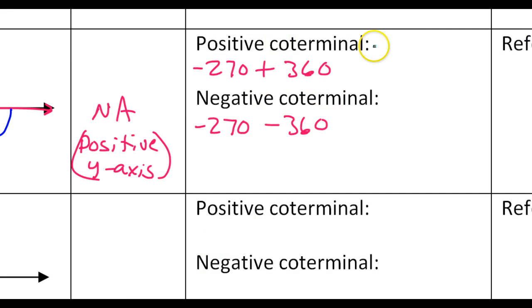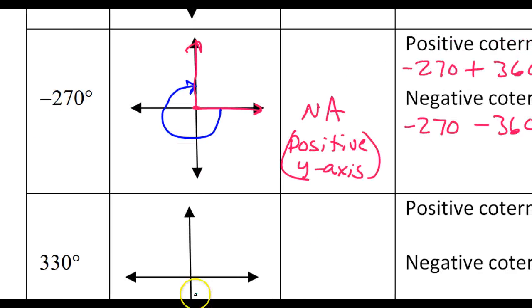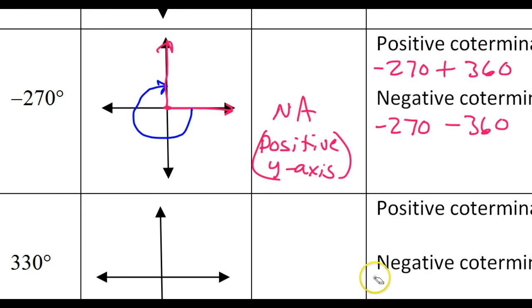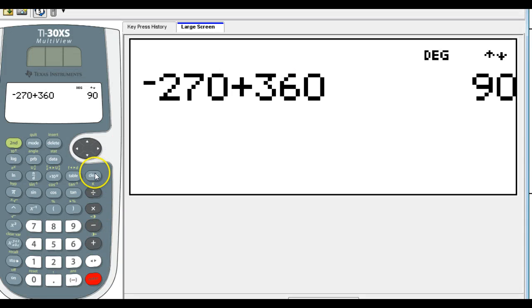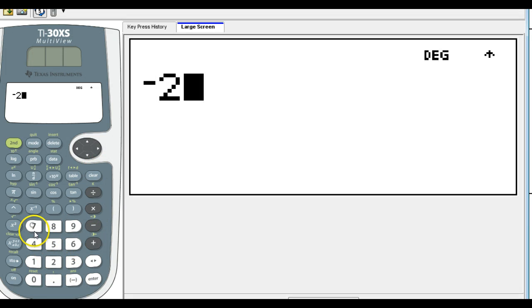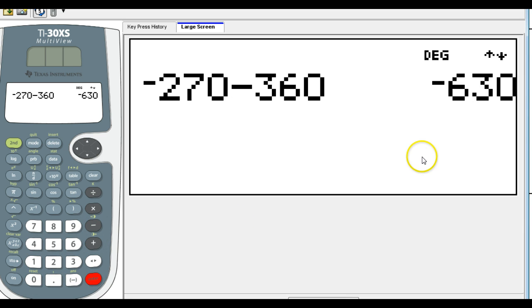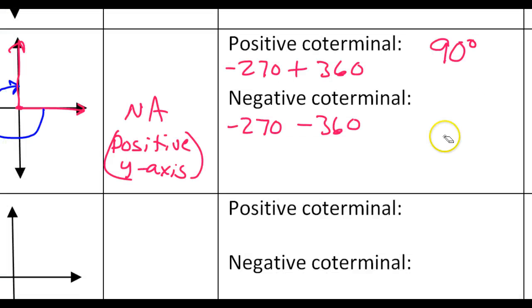Well, okay, we didn't really need to do the calculations. That's embarrassing. So positive coterminal angle, 90 degrees. I mean, look at the picture. You can see that the positive coterminal angle would be 90 degrees. We didn't have to add 360 to see that. Okay, but negative coterminal angle, negative 270 minus 360. Okay, that's negative 630 degrees.